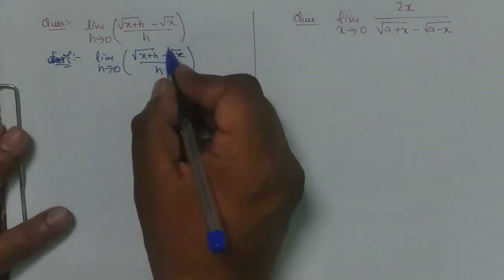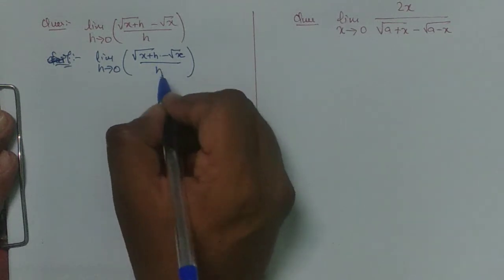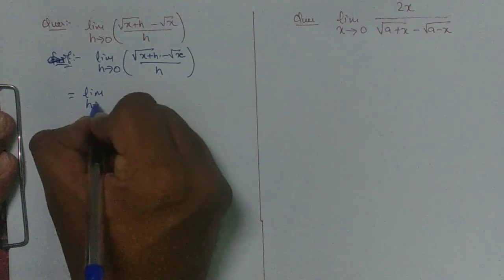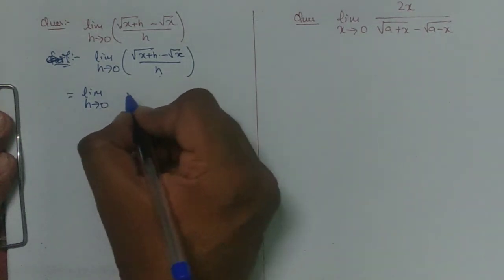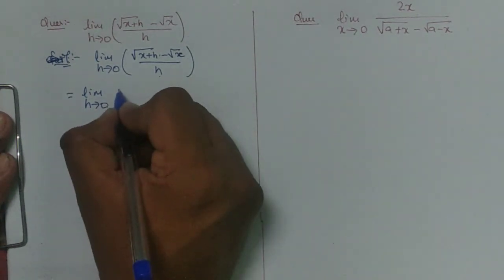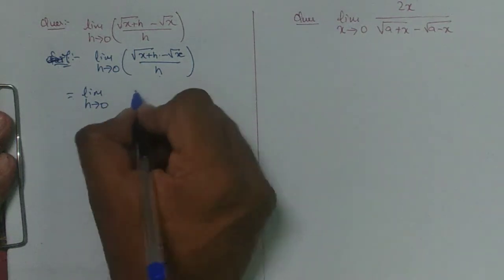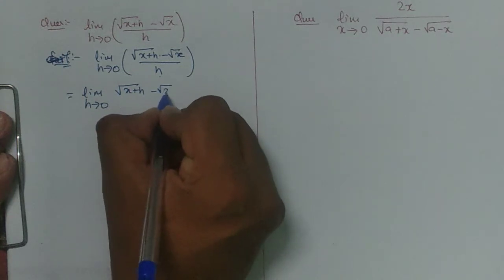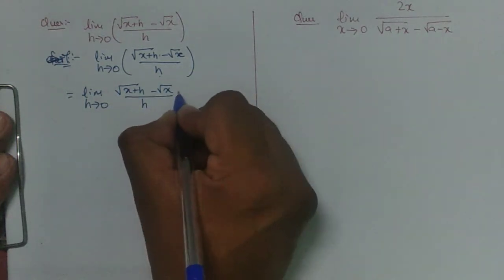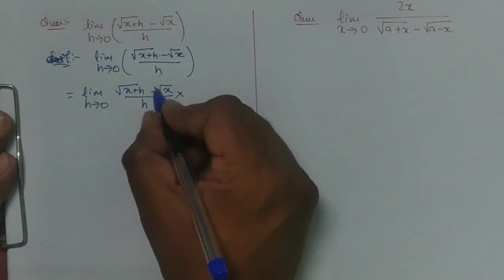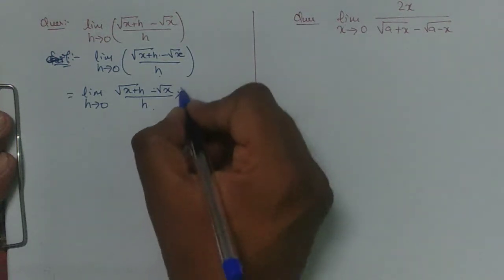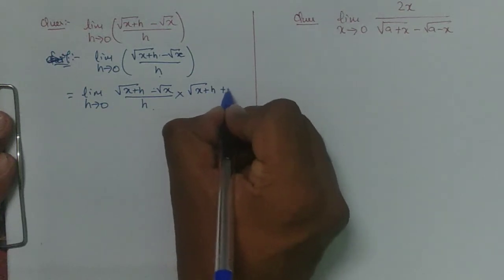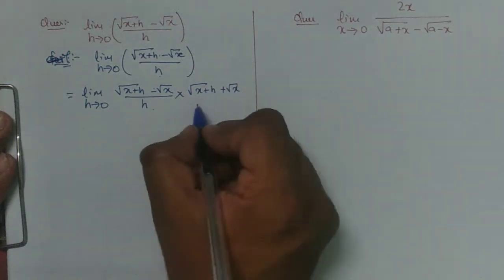So I need to simplify this function first. So what I'll do, I will multiply numerator and denominator both of this function by root x plus h plus root x, right?